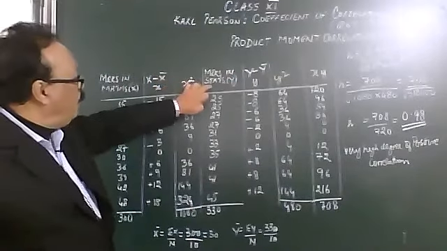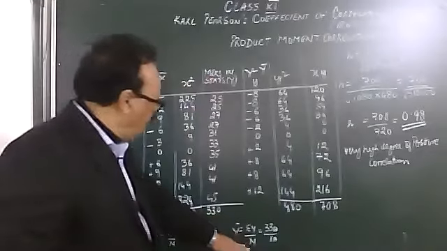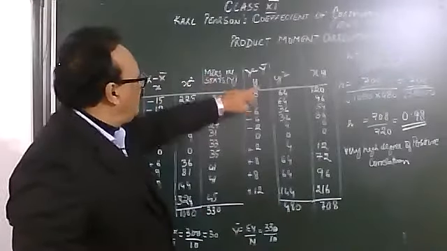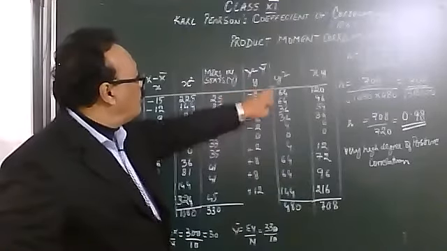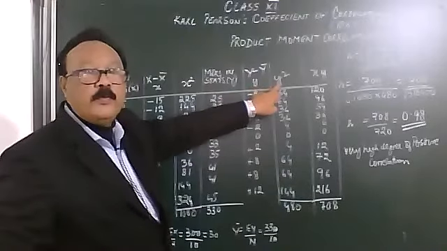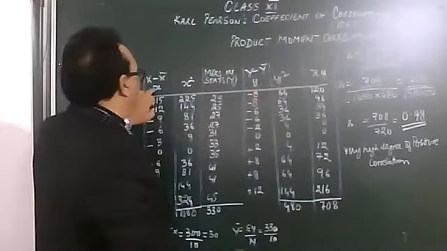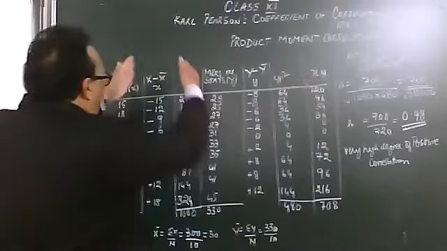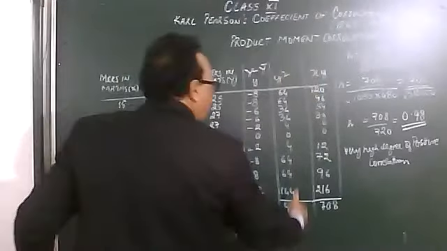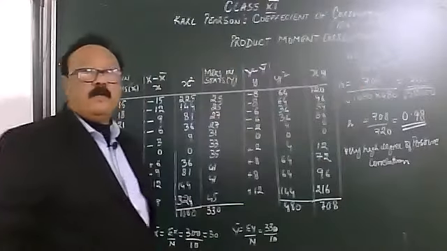Similarly for death rate, add it up, find the mean, from the mean find the deviations. To remove the signs, square the value. And then this small x and this small y, multiply them, and the rest, add up x squared, add up y squared, and put them in the formula.